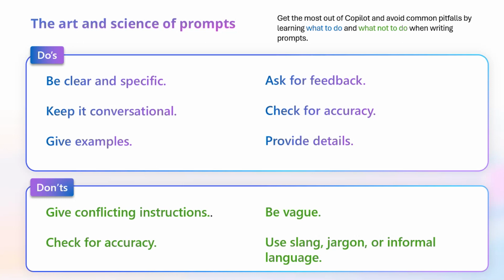In the don'ts, we have give conflicting instructions. In other words, we can't tell Copilot to do one thing and then in the same prompt undo something that we just told it to do. And here we have check for accuracy again. Now, it's there for a very different reason.